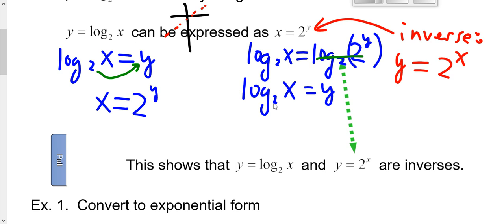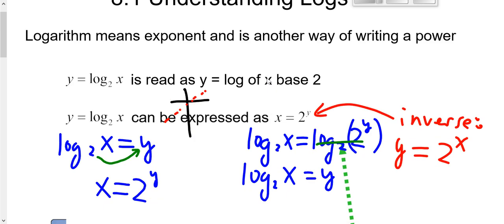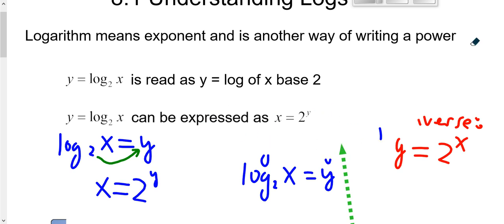And the last thing I want to mention, which I forgot to do, is the different names of different forms. So if you see a mathematical expression written this way involving logarithm, we call this the logarithmic form because you have the log.